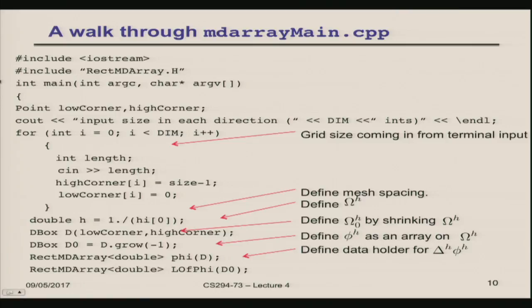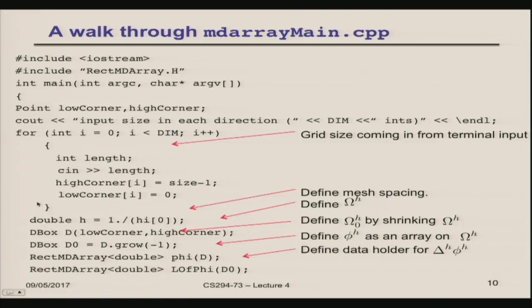So here's main, the usual main. We declare points to be low corner and high corner. So these are actual points, and now we have to set them. So we set them outside as points. And how am I going to do that? Well, now we see an example of something that makes I/O much easier than using printf, which is cout. And I talked about that a little bit last time.